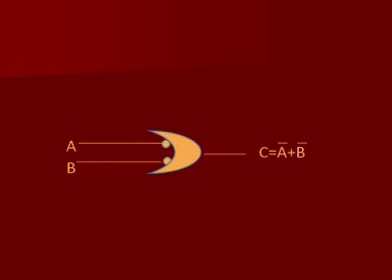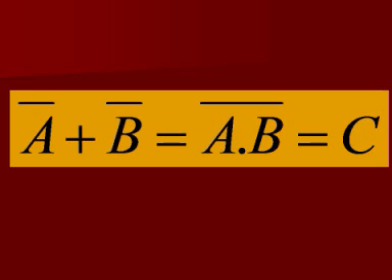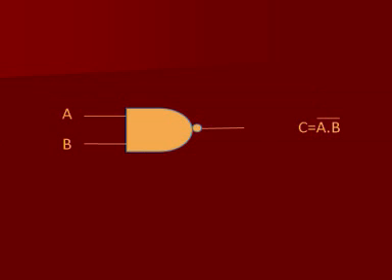This inversion of inputs A and B before ORing them is represented by putting two bubbles at the inputs of the OR gate. The output of the combination is A bar plus B bar, which according to De Morgan's second theorem is equal to A into B whole bar. Thus, we get a NAND gate with the output being A into B whole bar.